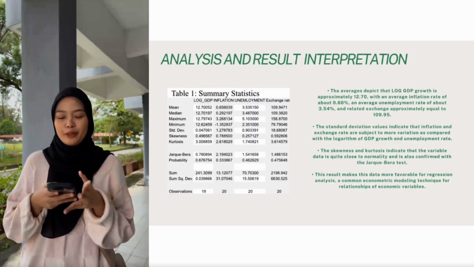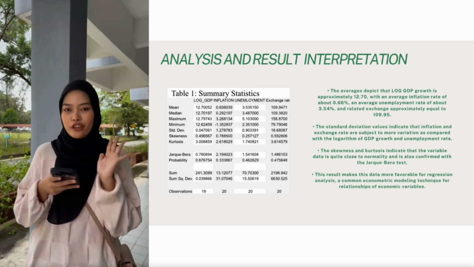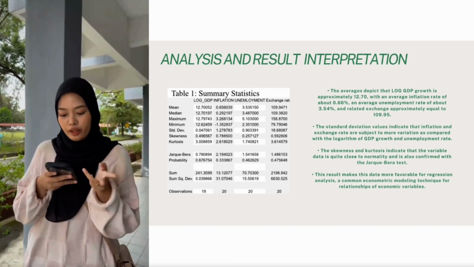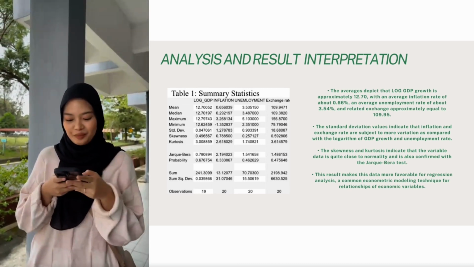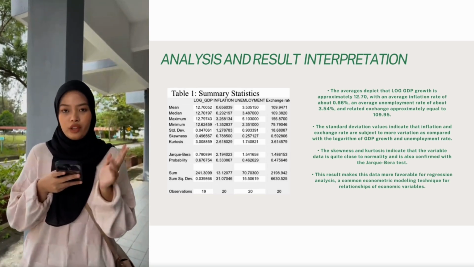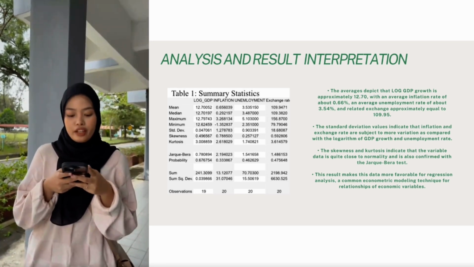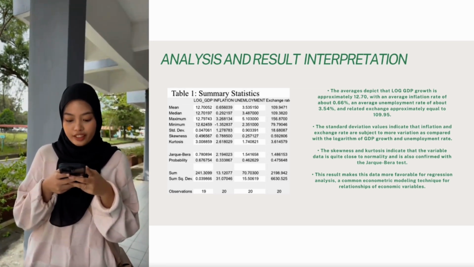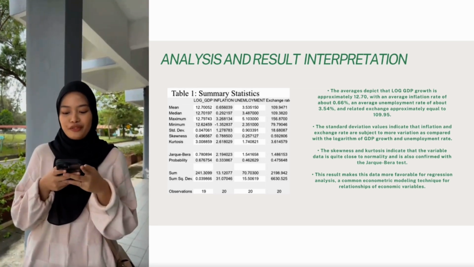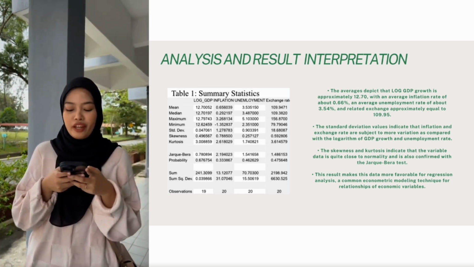So based on table 1, it shows the summary statistics for 4 variables, which are log GDP, inflation, unemployment, and exchange rate. The average value of log GDP growth is 12.70%, inflation is 0.66%, unemployment is 3.45%, and exchange rate is 109.95%.